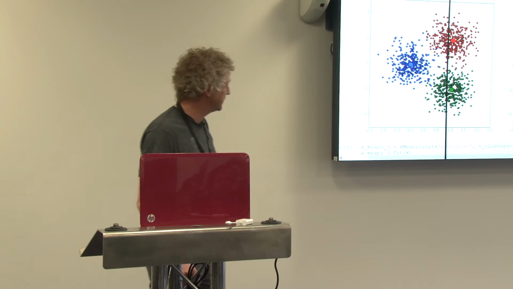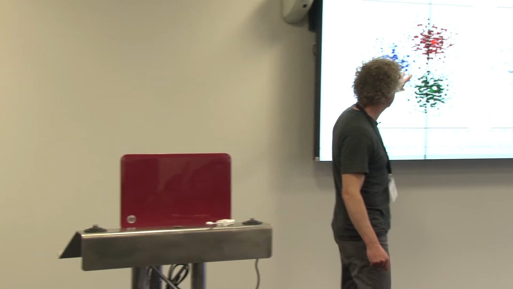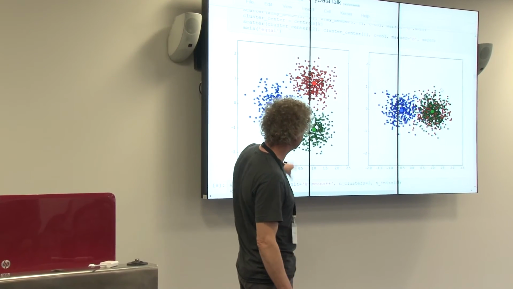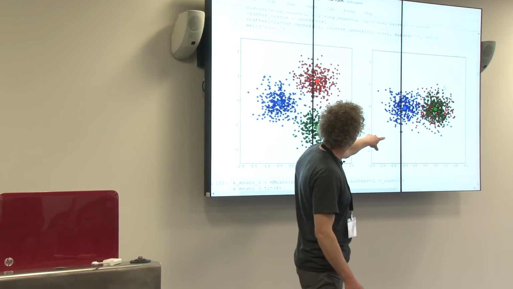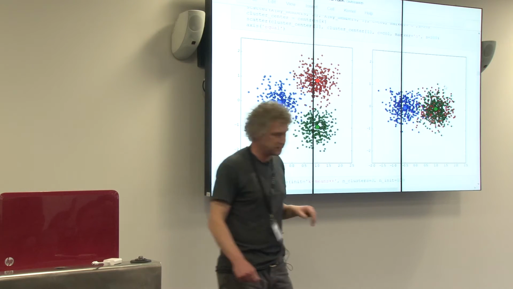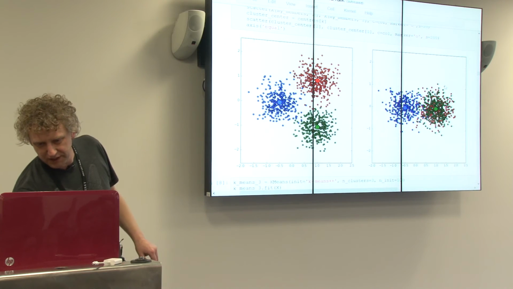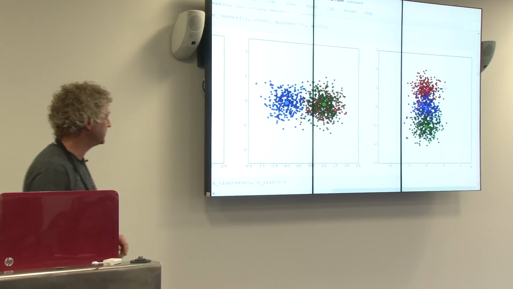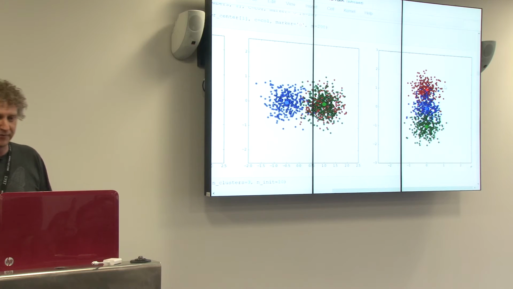And we can see that the original 2 dimensions that we played around with before, we've got nice separation and obvious clusters. If we plot the first and the third dimension, we see that there's an overlap, and the second and the third, we again see that this third dimension contains no useful information.